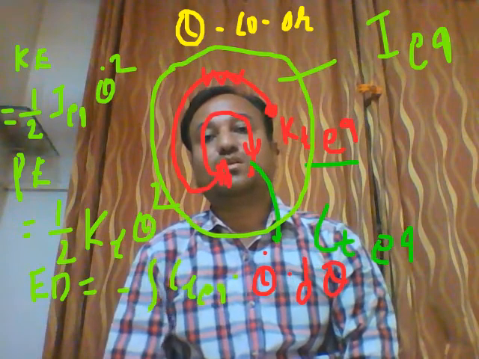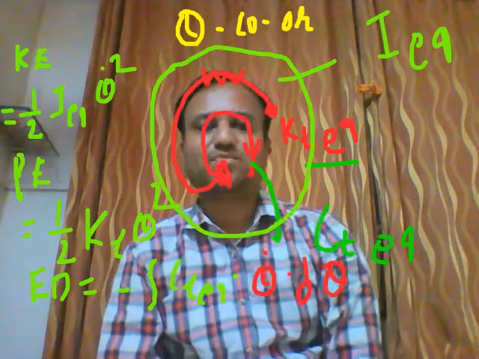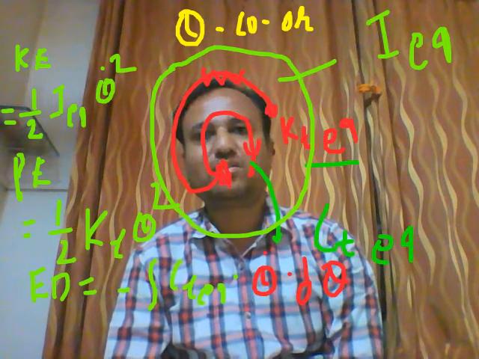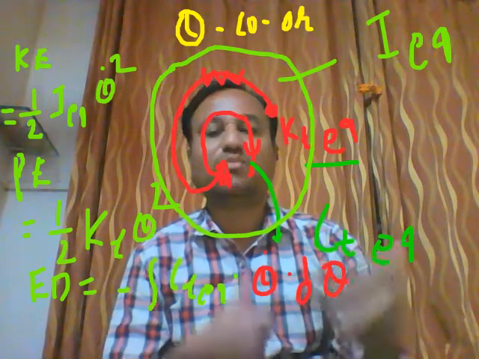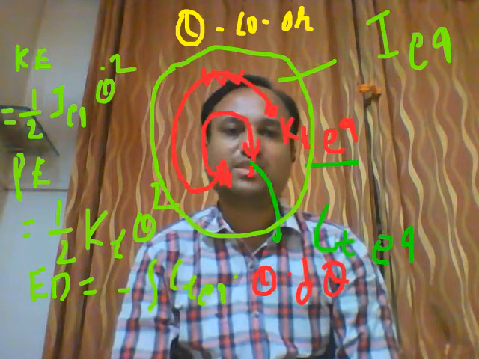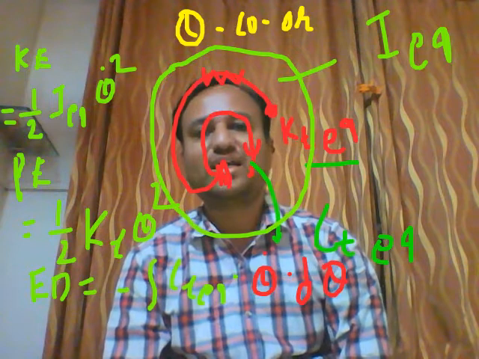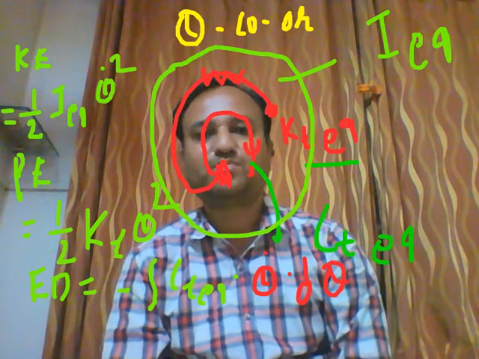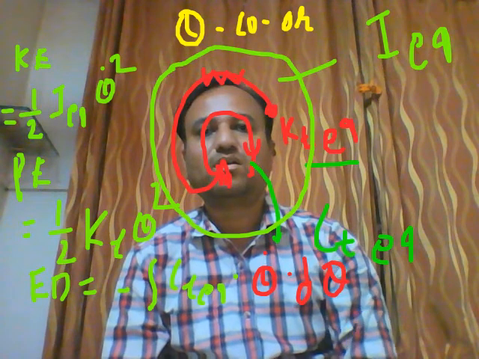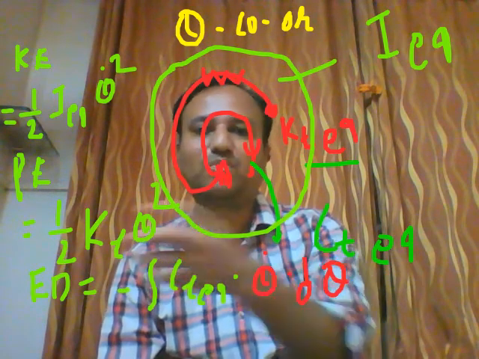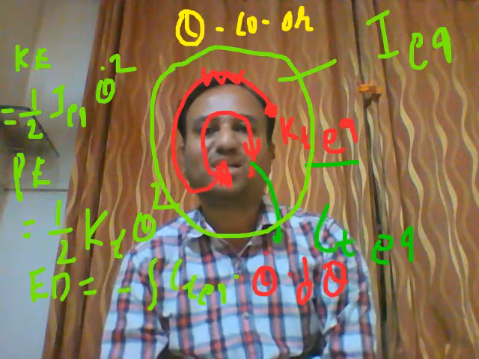So in damped vibration, there may be a problem on viscous damping, a problem on Coulomb damping, and a third category, a problem on the equivalent system. In viscous damping, generally there is one category of problem on an underdamped system and a problem on a critically damped system.